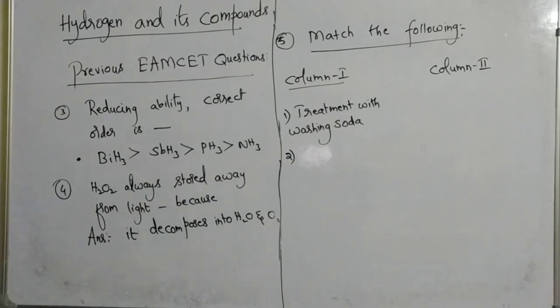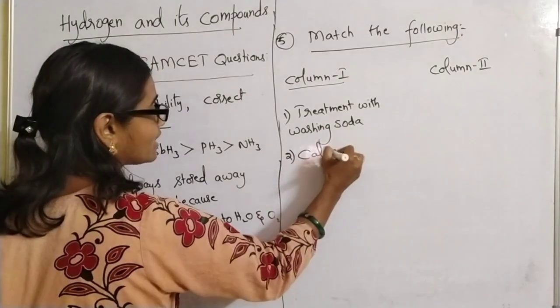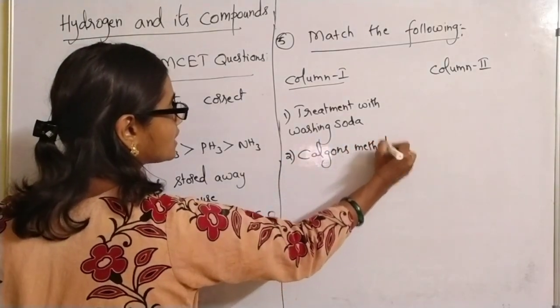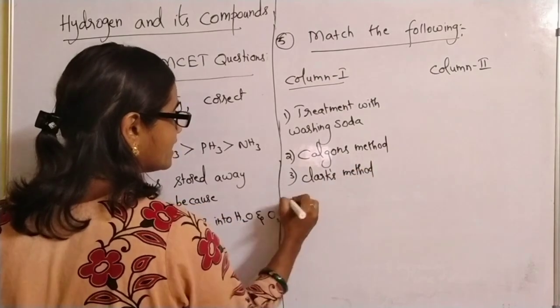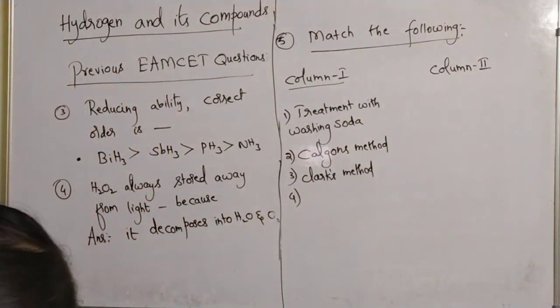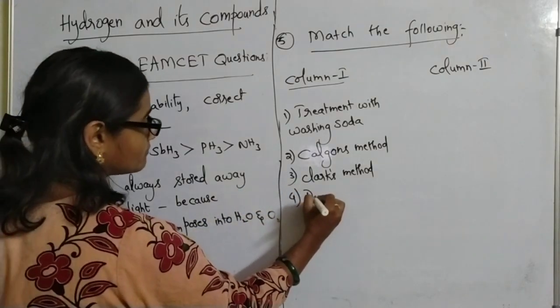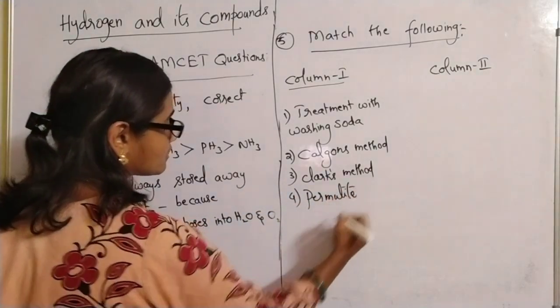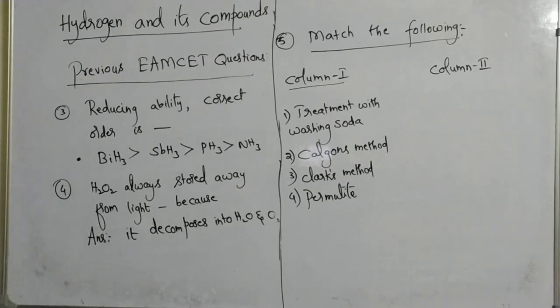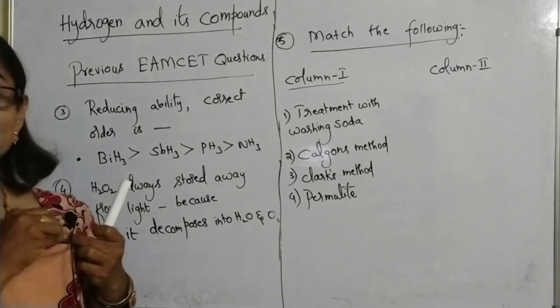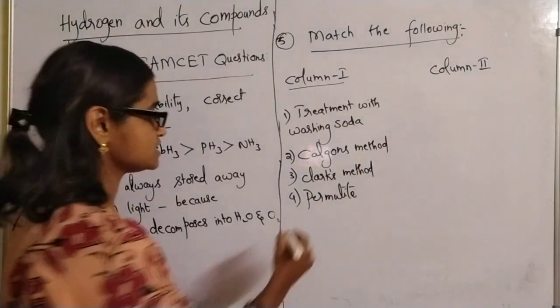Calgon's method, Clark's method, and permutate process. Okay, permutate process.